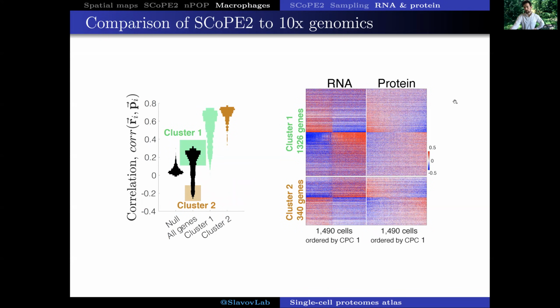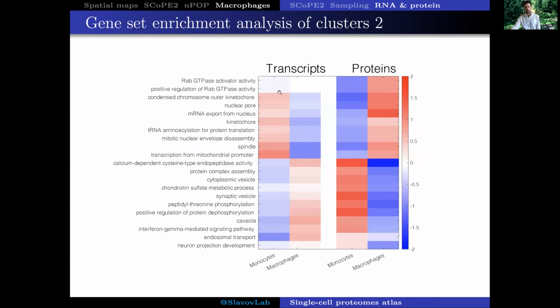Cluster 1, composed of over 1,000 genes that have at least qualitatively similar profiles at the RNA and the protein level, and cluster 2, composed of genes that show the opposite behavior at the RNA and the protein level. And then we looked at the functions enriched in cluster 2 and found that many of those functions are related to cell signaling, such as RAB GDPase activator activity.